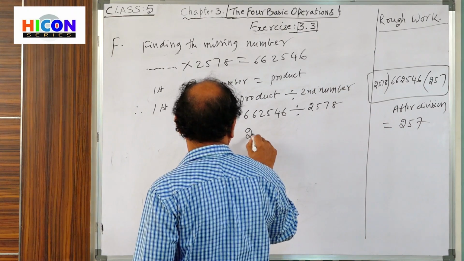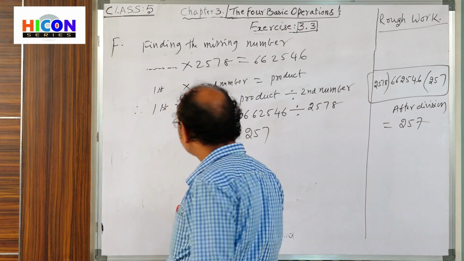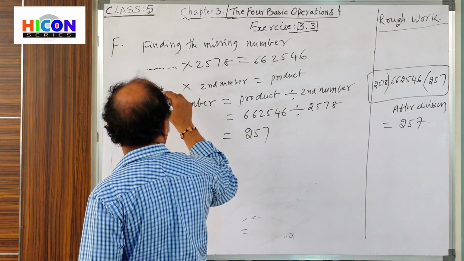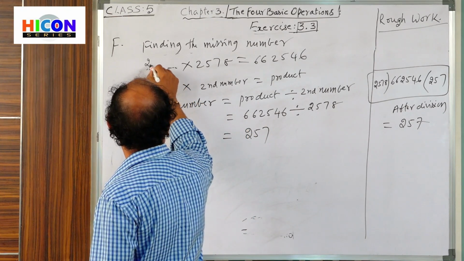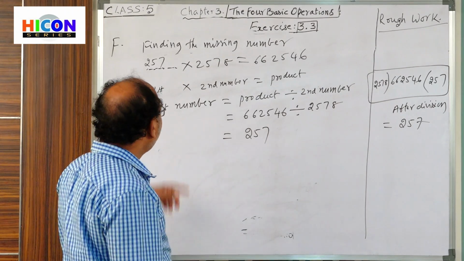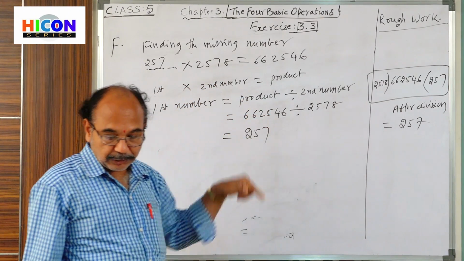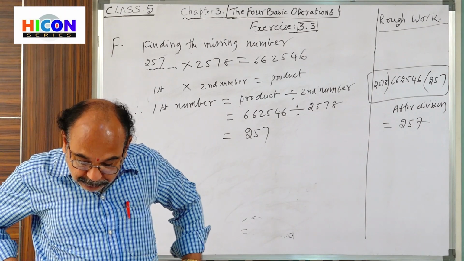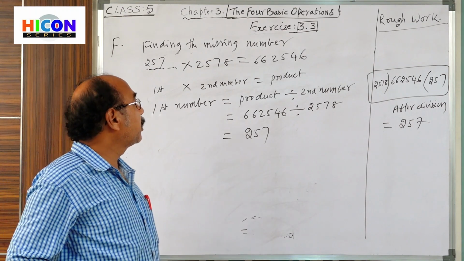So here we write 257 in the blank. So 257 into 2578 is equal to 662546.